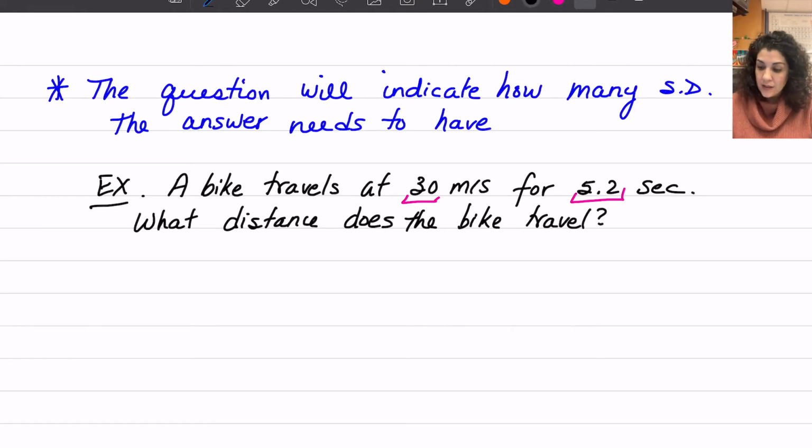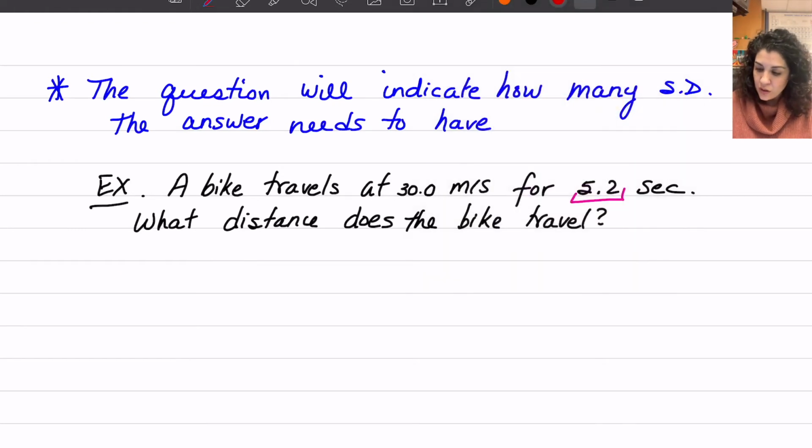Now let's say that instead of writing 30 meters per second, let's say that I had said, what if it's going at 30.0 meters per second? Now I have 3 significant digits for this measurement, and I have 2 for that one. If you're given multiple significant digits in your question, the rule is you always go with the lowest number, okay?